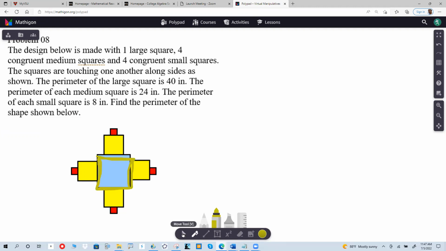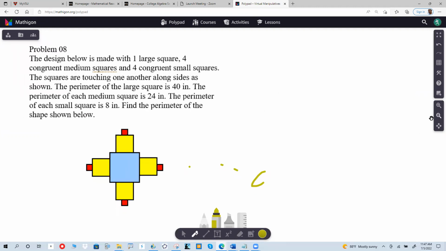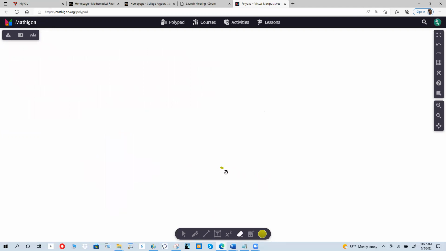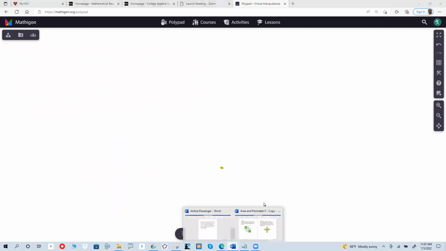I don't know why it's showing me that hand. Anyway, I have to deal with it. I don't know why it's showing that hand. Okay, let me try it again, guys. I'm sorry.